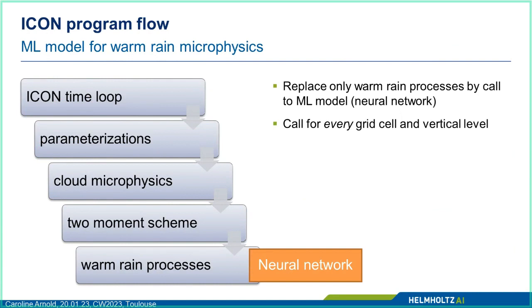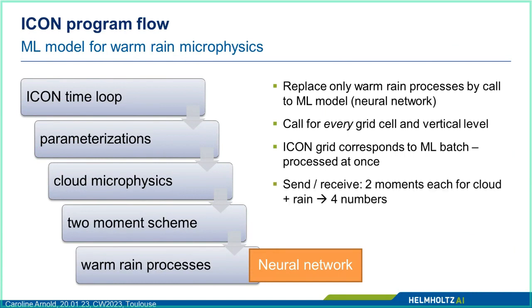So we are not dealing with a situation where we couple atmosphere and ocean at the surface where the 2 touch, but we really need to exchange the full atmosphere. And at each point in time, we need to send 2 moments for the cloud and the rain out, and we need to receive 2 moments back. So we are sending 4 numbers per grid cell and vertical level back and forth at every time step.